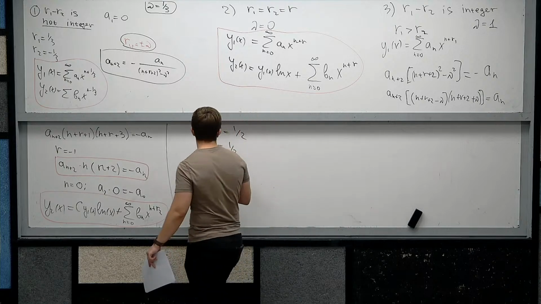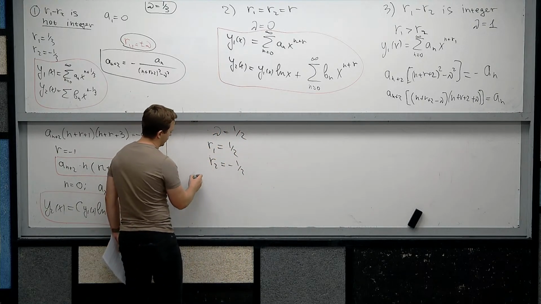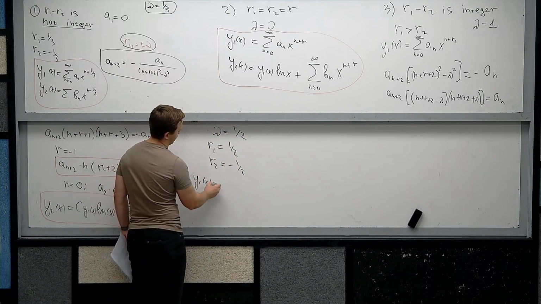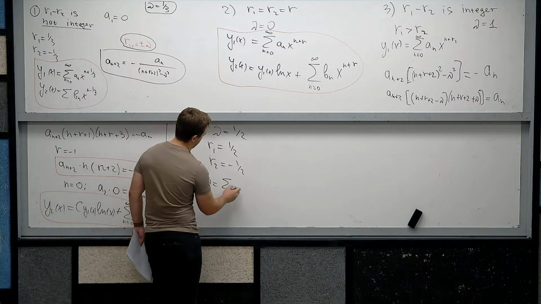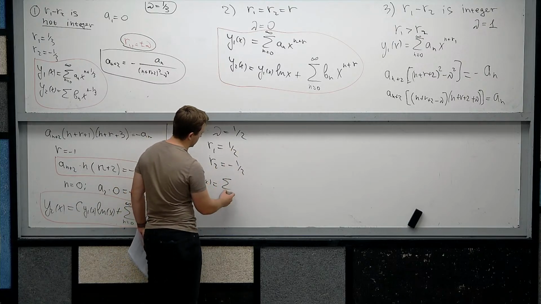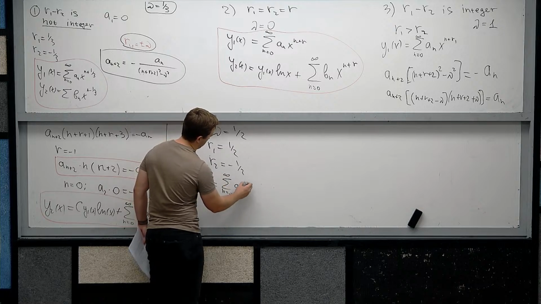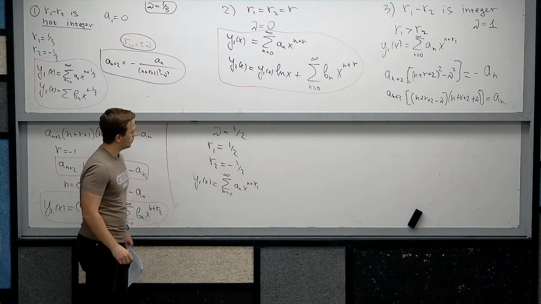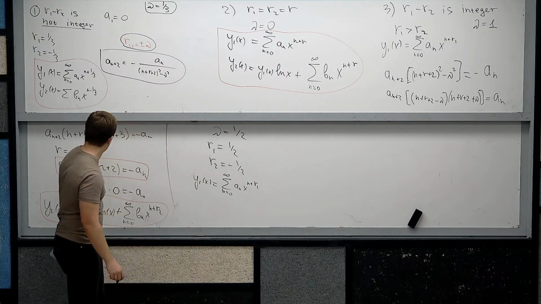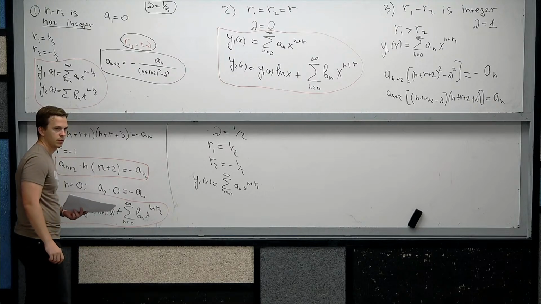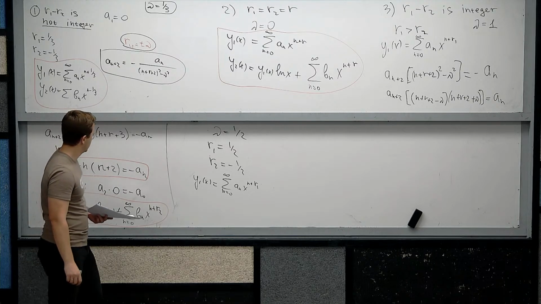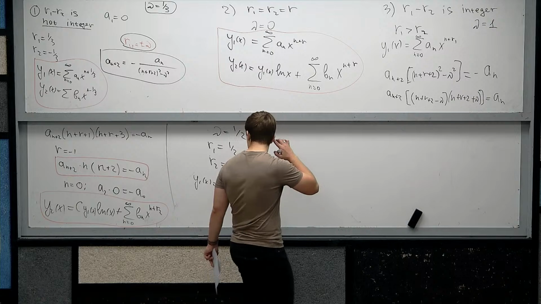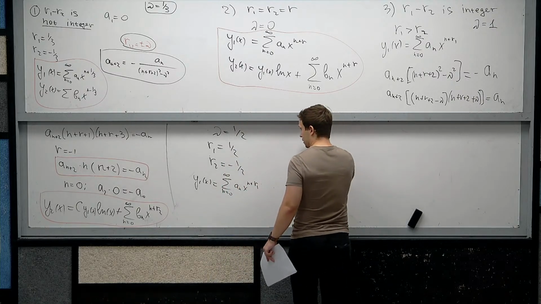So the biggest R goes to the first solution as a Frobenius series. Okay, and let's look at this equation for the second solution.